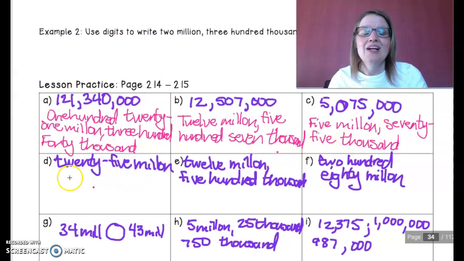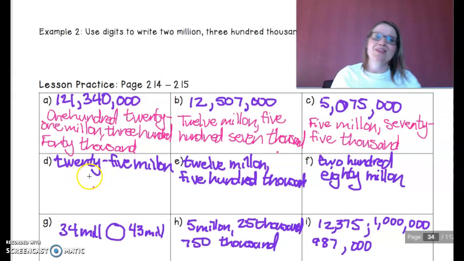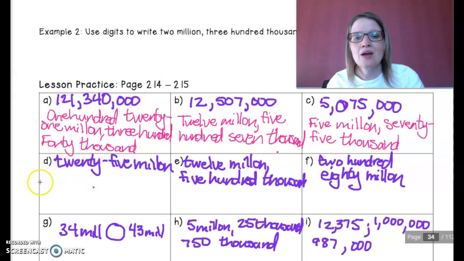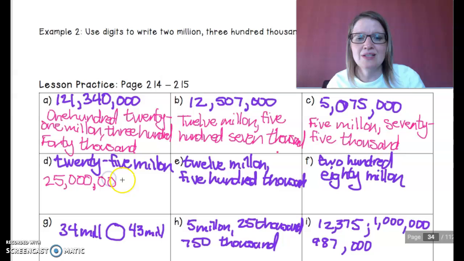Now they want you to take words and write them into numbers. So 25 million. I know that I'm going to write down my 25. This is in the millions category. Then I have 3 zeros in the thousands slot. And then I have a 0 for my 100, a 0 for my 10, and a 0 for my ones.